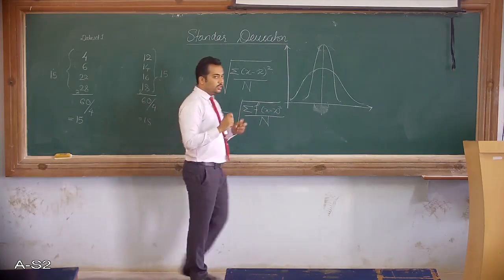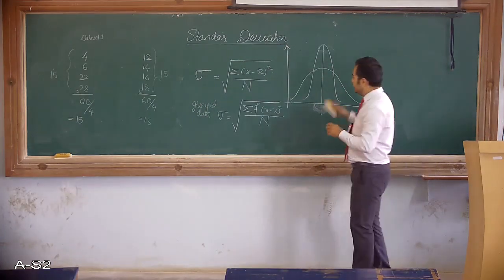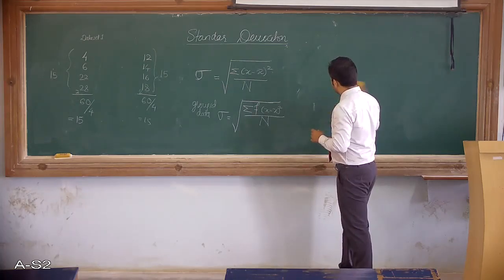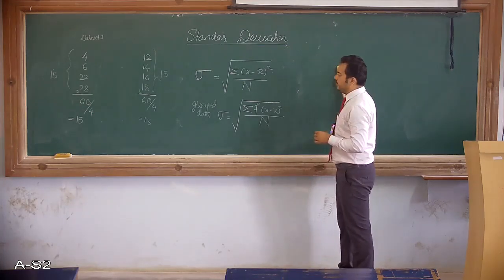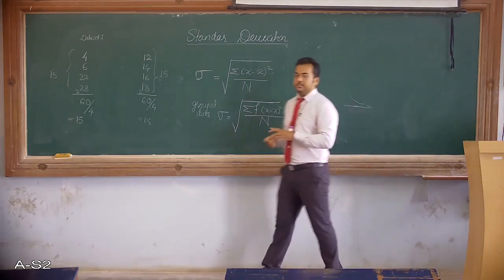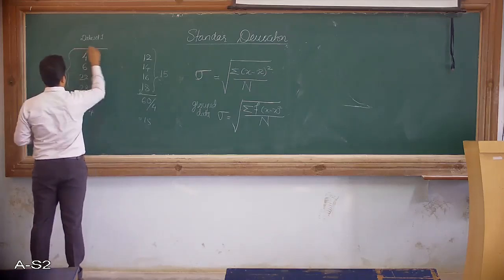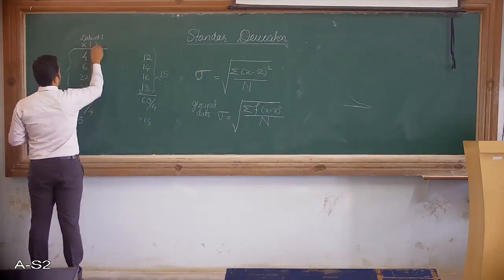This is the only difference in the formula. Now we will use the same formula to calculate the standard deviation for these two series. For both of them the arithmetic mean is 15. So the deviations would be here.